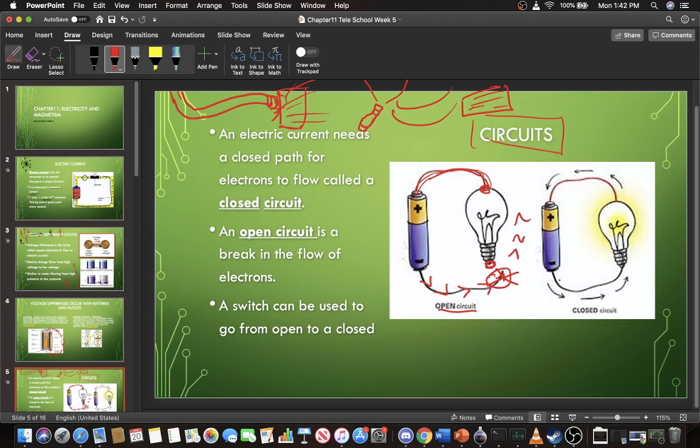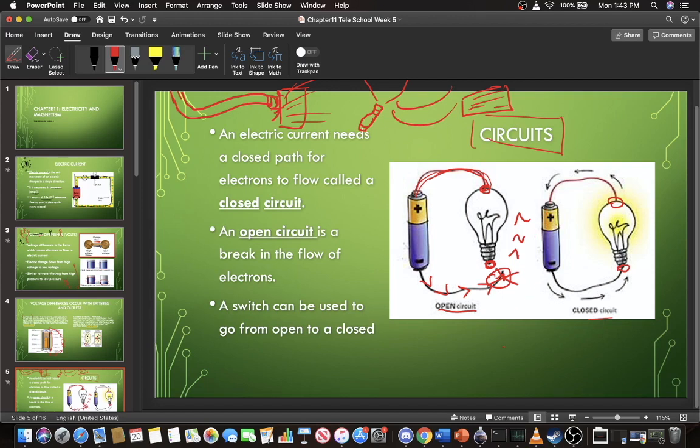With the closed circuit, we have the negative end attached to the bottom of the light bulb, and the top of the light bulb is then attached back to the positive side. So we have this cyclic flow of electrons from the battery to the light bulb, and from the light bulb back to the battery.